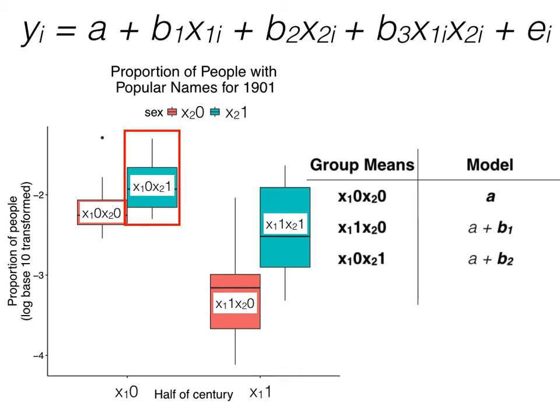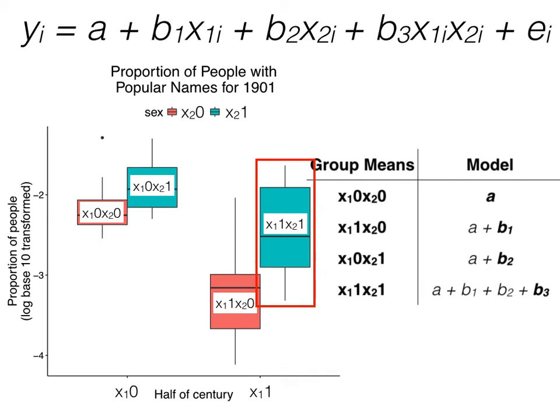Our second box, where x1 is still equal to 0, but now x2 is equal to 1, is equal to a plus b2, where the first box plus the slope of our second variable. Finally, our fourth box, where both x1 and x2 are set to 1, is equal to a plus b1 plus b2 plus b3, where b3 can be thought of as the slope of our interaction. Feel free to pause the video now to look over this table for clarification.